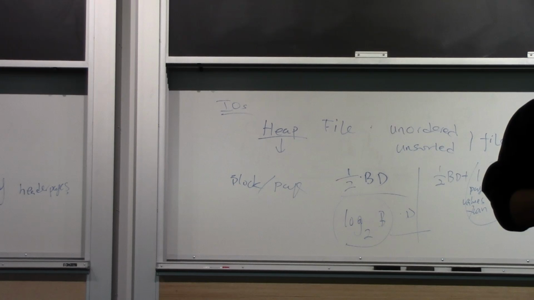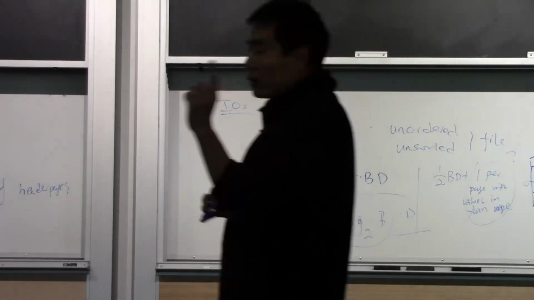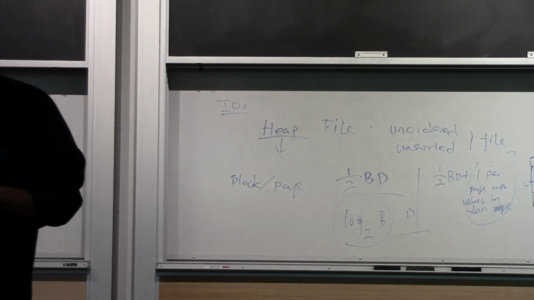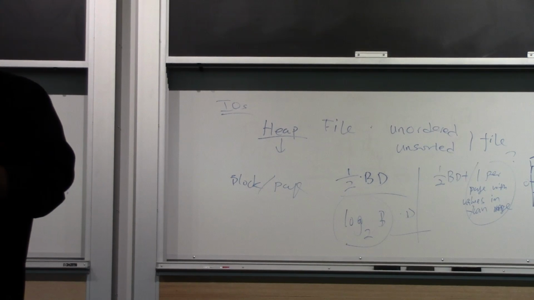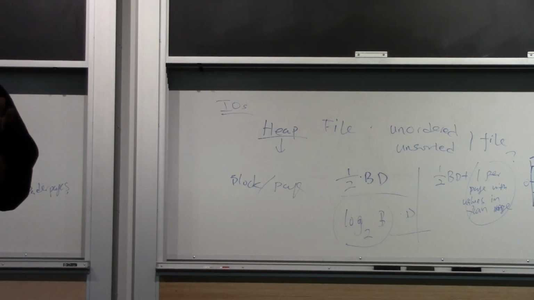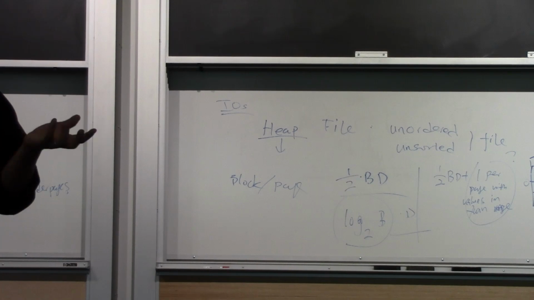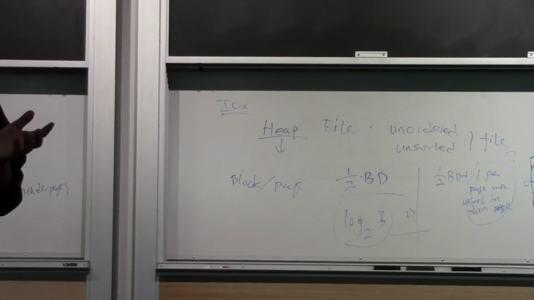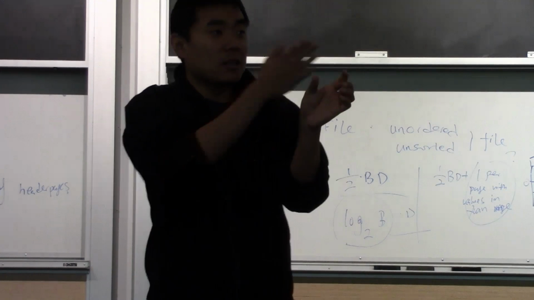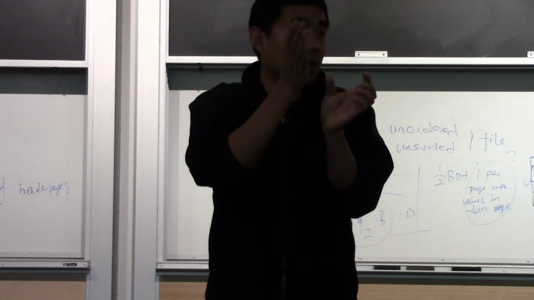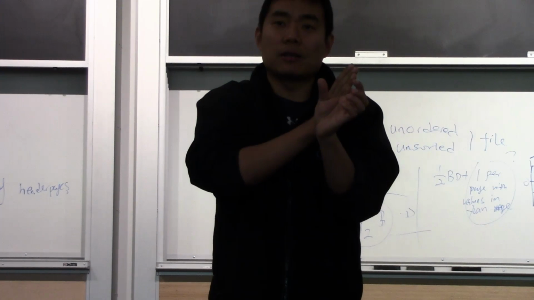Scan the page. Well, heap file is tricky. If you think about it, for range search, because you don't know how many values are going to be in the range, whether it's 10 or 20 or 100 records, you don't know until you finish searching, right? So what you have to do in a heap file scenario? Well, you load the first page, scan through every record. As soon as you find a record in the range, you output that.